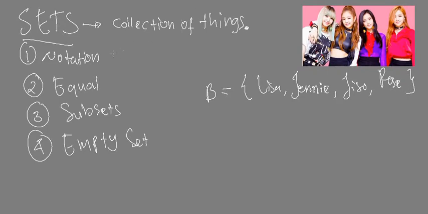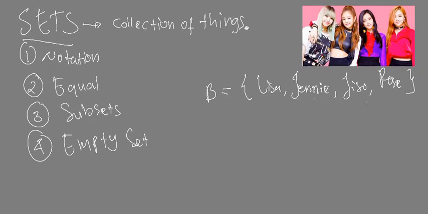Now, once again, a set is a collection of things. In this example, we have Blackpink. We name the set B because it is Blackpink, and we always use a capital letter. We cannot use lowercase; we have to use uppercase. Then to group it, we need curly brackets.